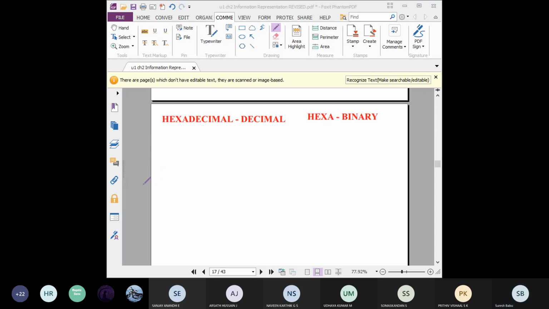Now they will give hexadecimal numbers like this, any number, like 1F6D. This is the question they are giving. This is the hexadecimal number, so they are giving base 16, and you want to convert it into its equivalent decimal number and into equivalent binary, that is base 2.